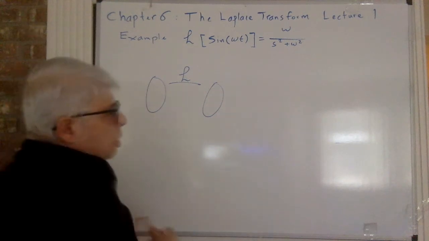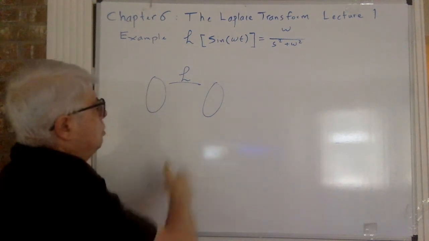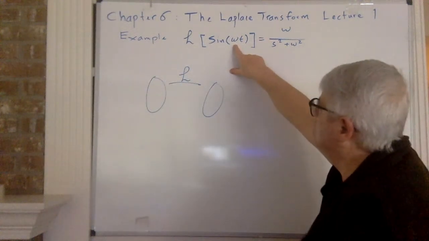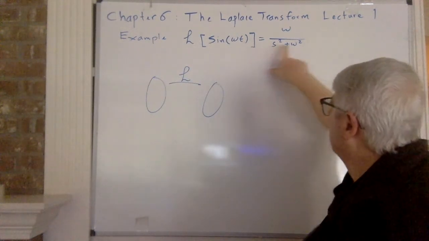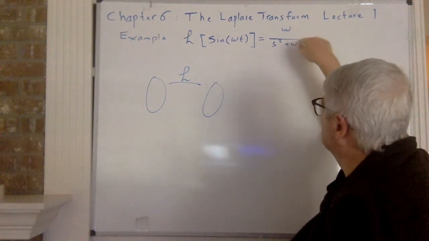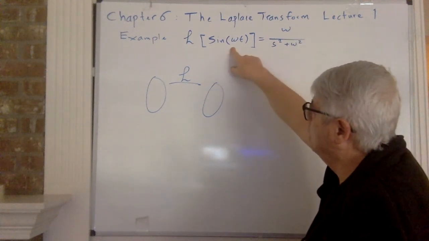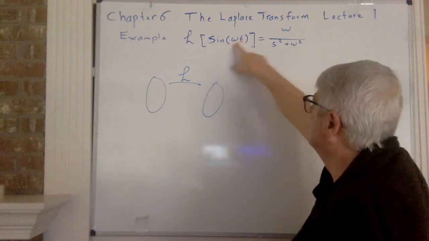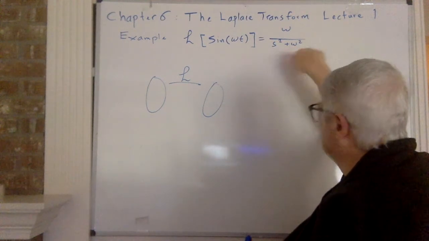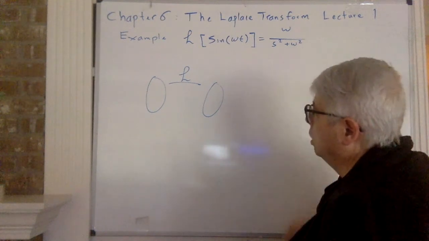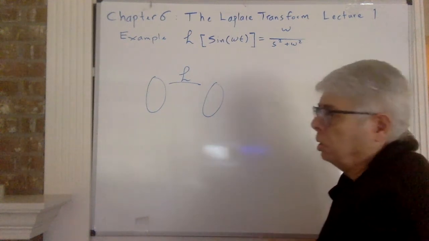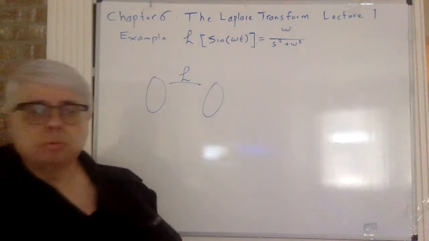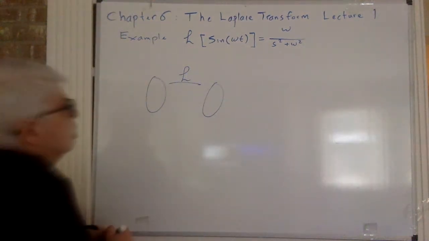They say that this is like the time domain, and this is the frequency domain. Well, you can see this omega is frequency, and omega is here. I can find the Laplace of cosine also, cosine omega t, that's also frequency, and it has omega. It's the same thing in the denominator. That's one reason I think they use that terminology for the other space, frequency domain.